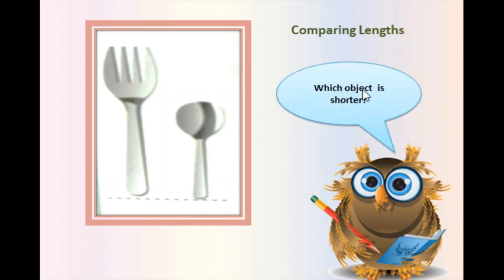Which object is shorter? In layman's term, which object is smaller? Small. What do you think? Is it the fork or the spoon? Very good. The shorter one is the spoon.